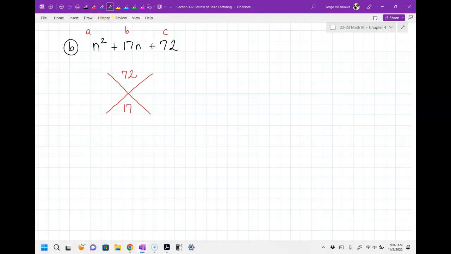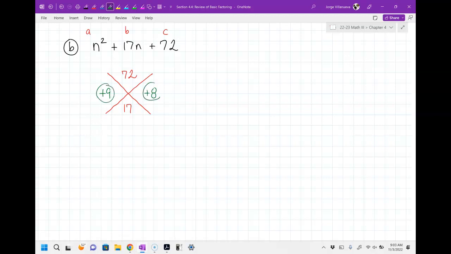Now, two numbers that multiply to 72 that add up to 17: 9 and 8. Positive 9, positive 8. Those add up to 17, and they multiply to 72. Do I have to divide? No, because a is 1, so we're okay.